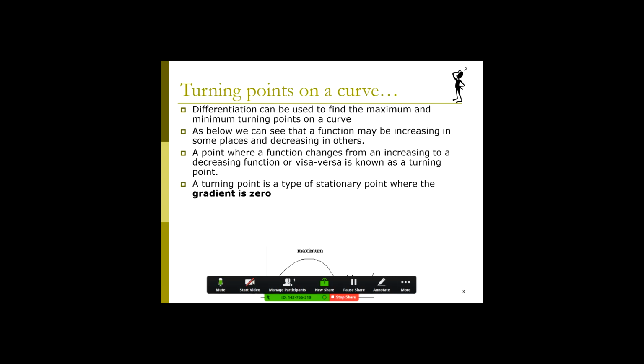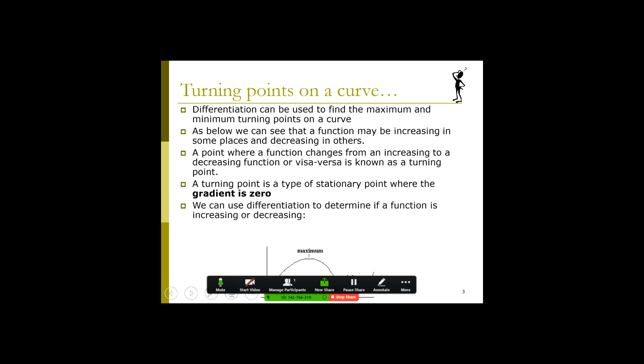A turning point is a type of stationary point where the gradient is 0. At that point, the gradient is neither increasing nor decreasing. It's reached a stationary point where the gradient is 0.